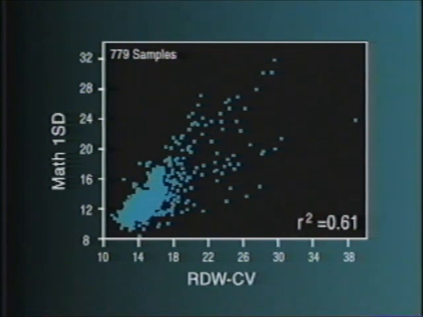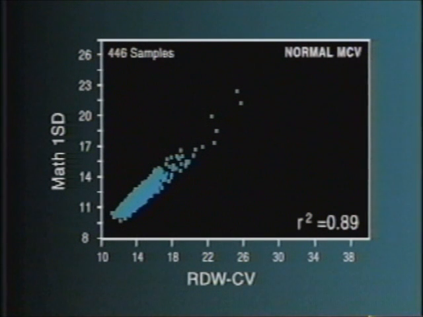So we have more samples in this database. And if you look at the plot, we really do not have a very good straight line. In fact, we have more of a blob. The R-squared on this population was 0.61, which is also not very good, which tells us we have poor correlation between the RDW-CV and this Math 1SD.